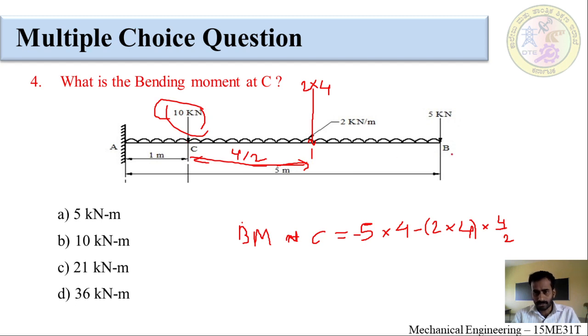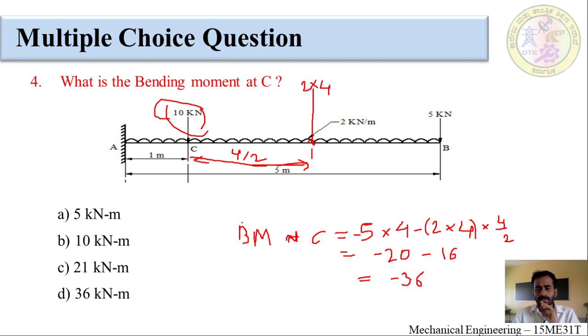After calculation, minus 5 into 4 is minus 20, and minus 16, which is equal to minus 36.